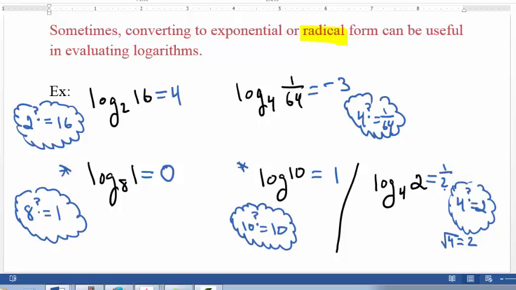So log base 4 of 2 was actually a half. That would be a tricky one, right? Whenever you're dealing with a radical like that, it's going to be a tricky one, because it might not be obvious, okay? But really, the thing to keep in mind there is you're always looking for an exponent when you evaluate logs.